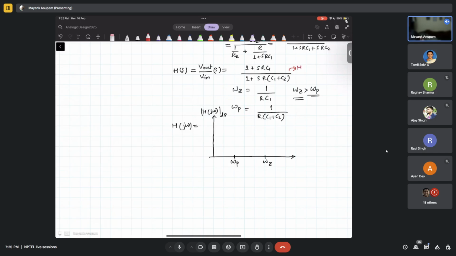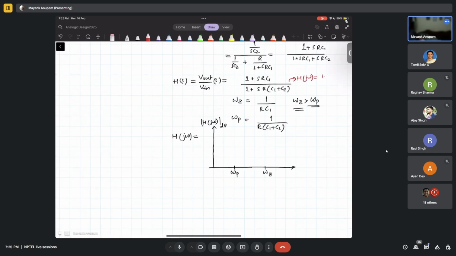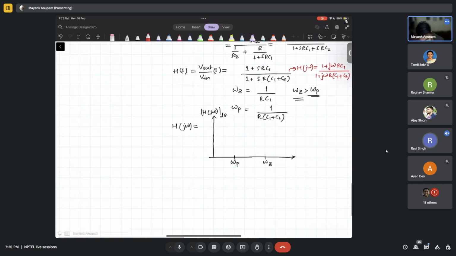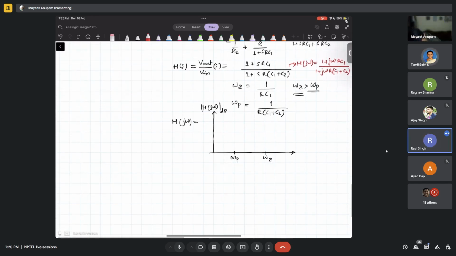So H of j omega, let's also write it here: 1 plus j omega RC1 divided by 1 plus j omega R times C1 plus C2. Correct? So at very low frequency it is 1, right? So it will be 0 dB. So let's say 0 is here.